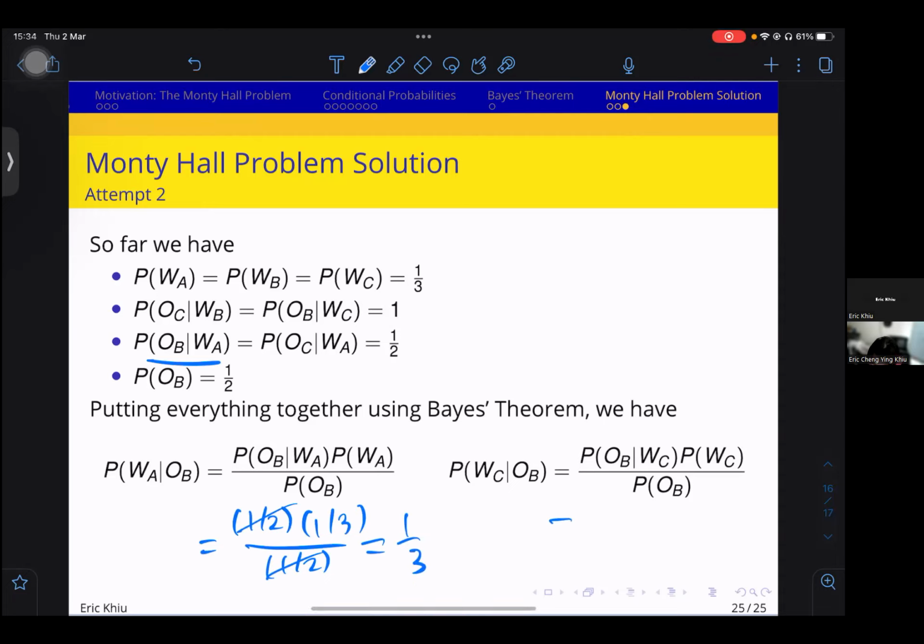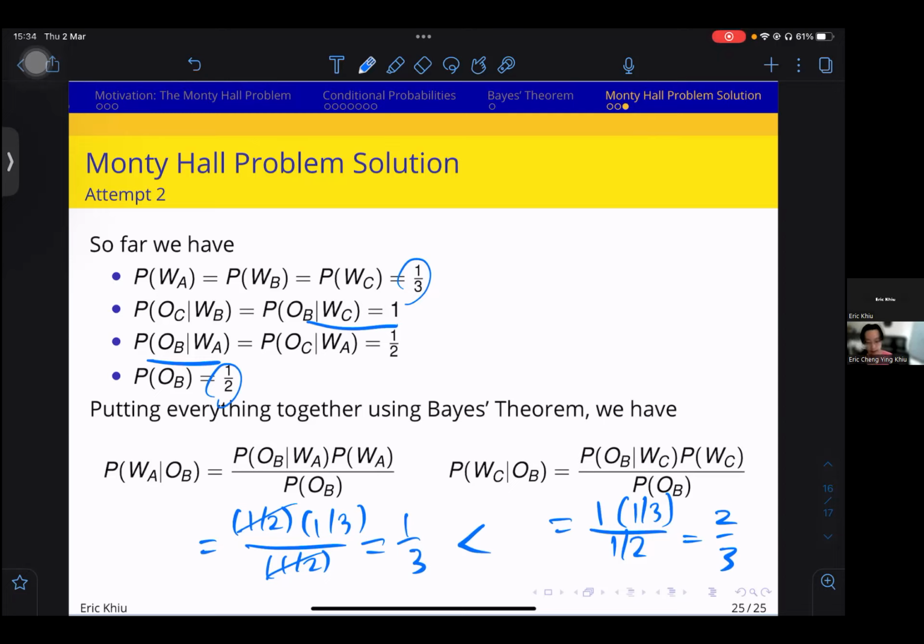OB given WC is 1. WC is 1/3. OB is 1/2. So this will be 2/3. So as you can see, this probability is smaller than that probability, and therefore you should switch to door C if the host opens door B after you choose door A.